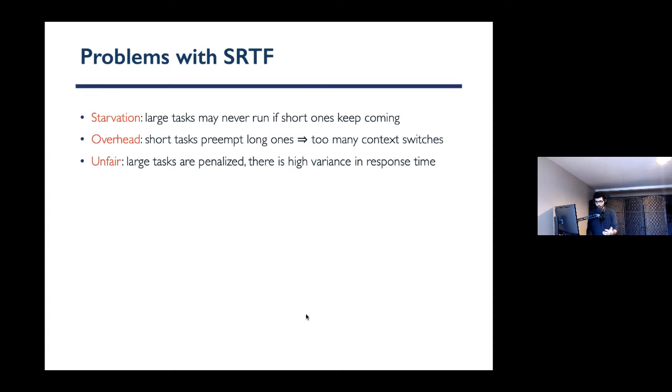So you will have a lot of context switches, and that means that you have high overhead. If the context switching time is non-zero, which in reality it is, then you'll get really high overhead with SRTF. And it's also unfair because of the starvation problem.